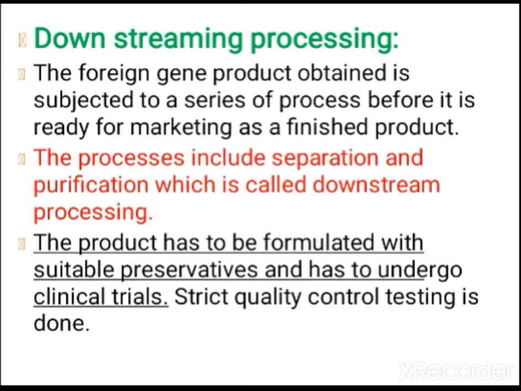Before marketing, purification has to be done. That purification you call downstream processing. This product is to be formulated with suitable preservatives, and it has to undergo clinical trials also, to check whether it contains the product we needed. Strict quality control testing also has to be done, then only it can be released.